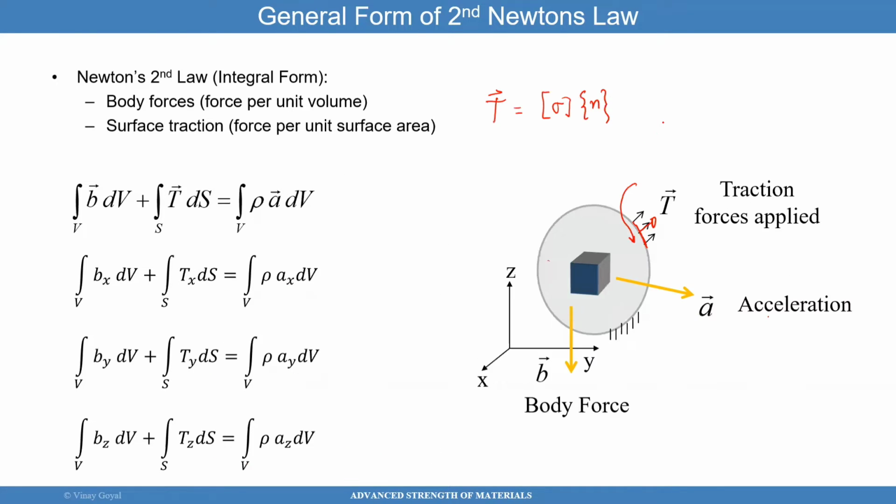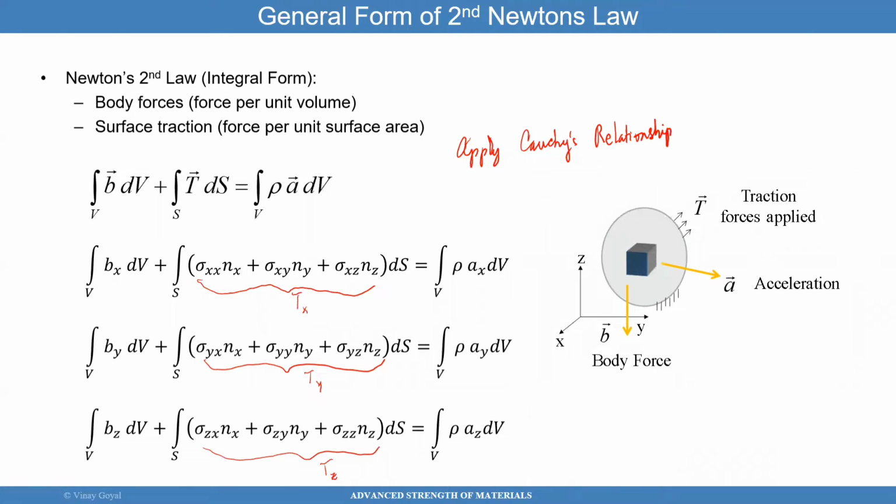And why I'm doing that, think about it. I'm trying to relate what you can apply physically to a system, body forces, acceleration, and tractions, which are the only things you can apply, to a quantity inside of the body. And the only quantity inside of the body that I'm interested in is stresses in that cube. So I'm using the strategy of converting these tractions into useful quantities to predict failure.